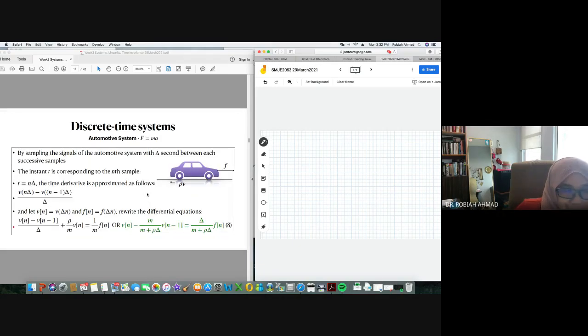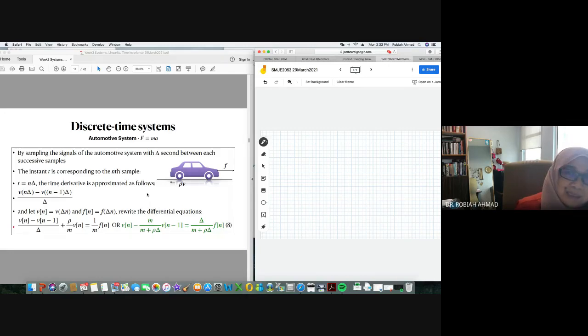If we go back to our automotive system, by sampling the signal with delta seconds between each successive sample. Sometimes when we do data acquisition of a real-time example, say we run a system, an engine perhaps, or we get data that is continuous, but then we want to collect that data, so we do sampling.